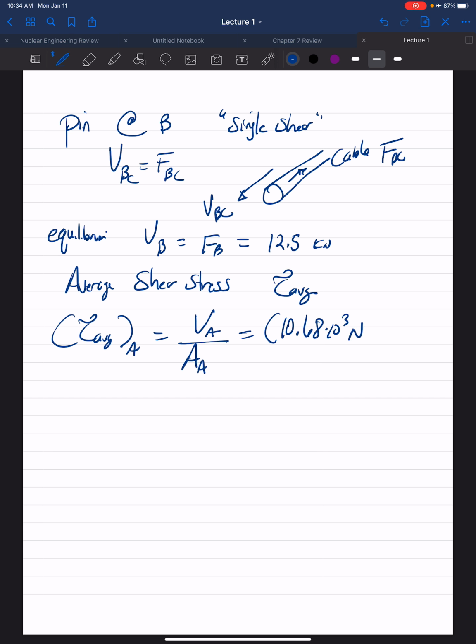Kilo means 10 to the 3. Over the area at A, which we said was a 20 millimeter diameter. Diameter, let's note, is circular. So it's pi over 4 times d squared. 20 millimeters is 0.02 meters. So that's 34 megapascals.